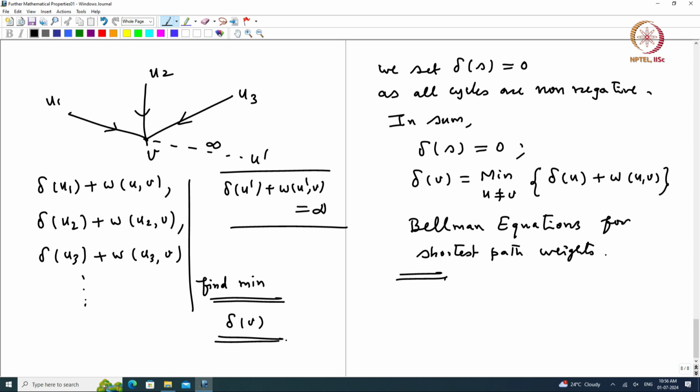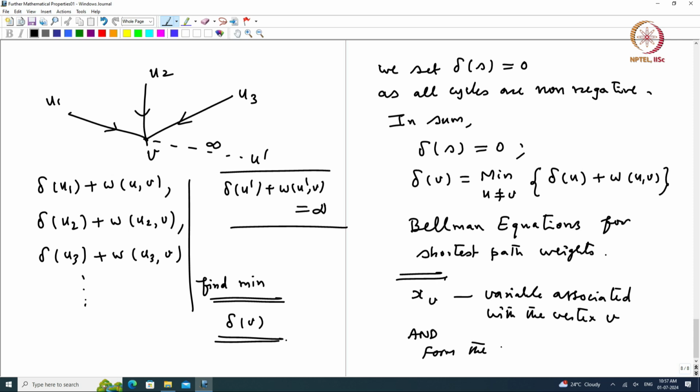Therefore, if you define a variable xv associated with the vertex v and form the equation. What is the equation you have to form?